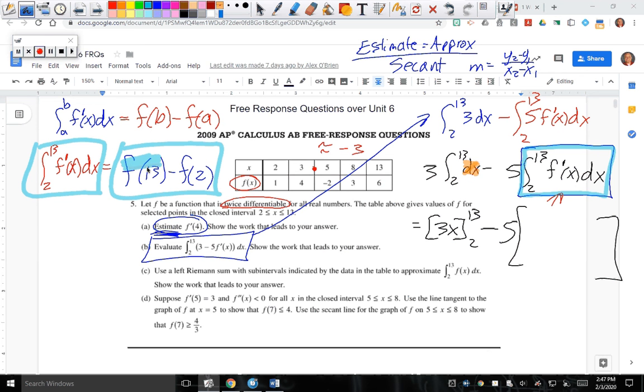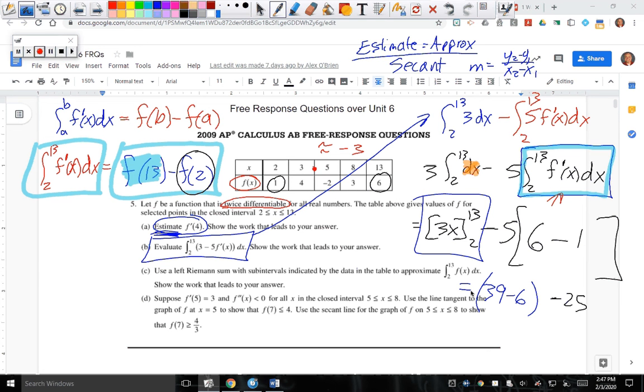Can y'all tell me what f of 13 equals? 6. What is f of 2? 1. So it's really saying 6 minus 1 is 5, so you're subtracting 25 from whatever you get of this. So that's 39 minus 6.